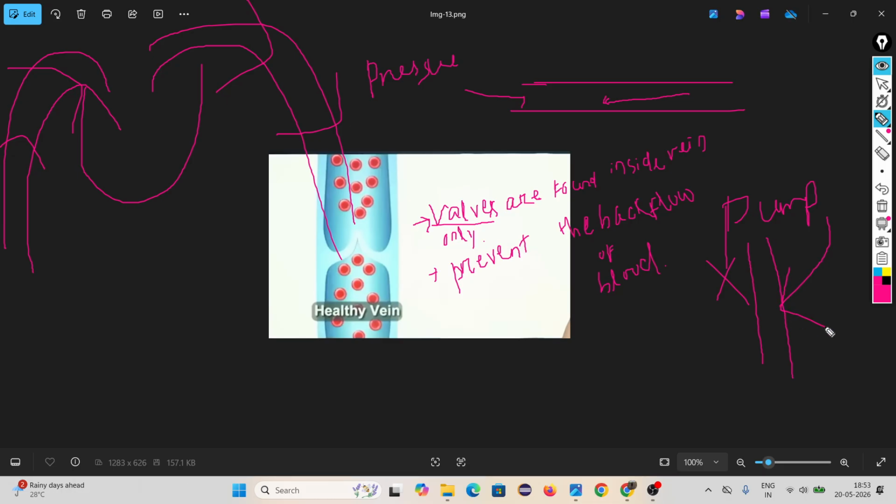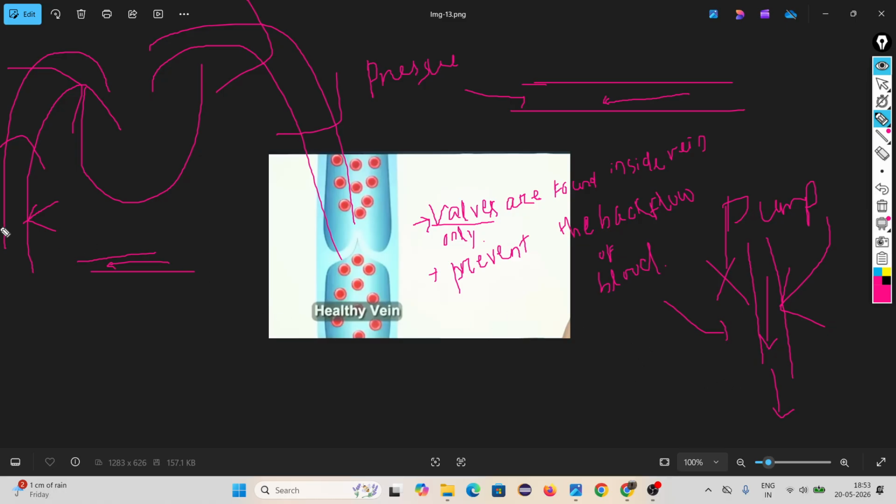The pump is creating pressure. That means the water always goes forward. But think, there is no pressure inside the vein. So there is a chance the blood will backflow. Here pressure is applied, that's why blood never flows back.